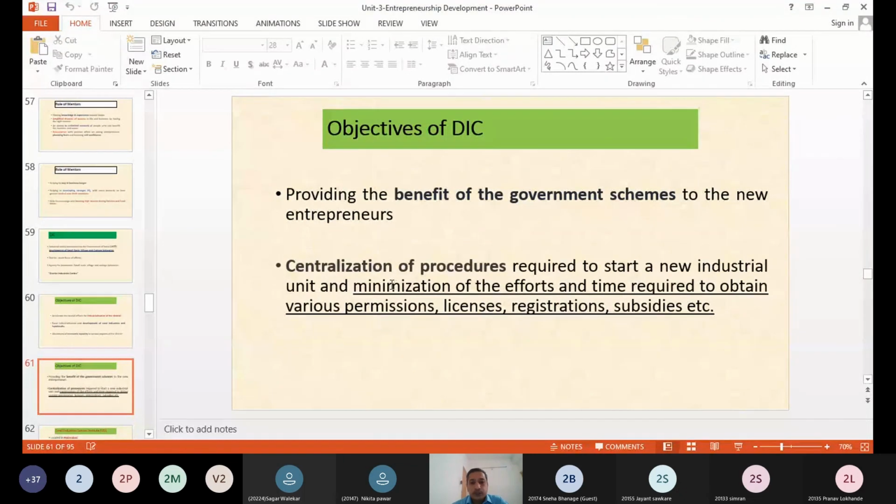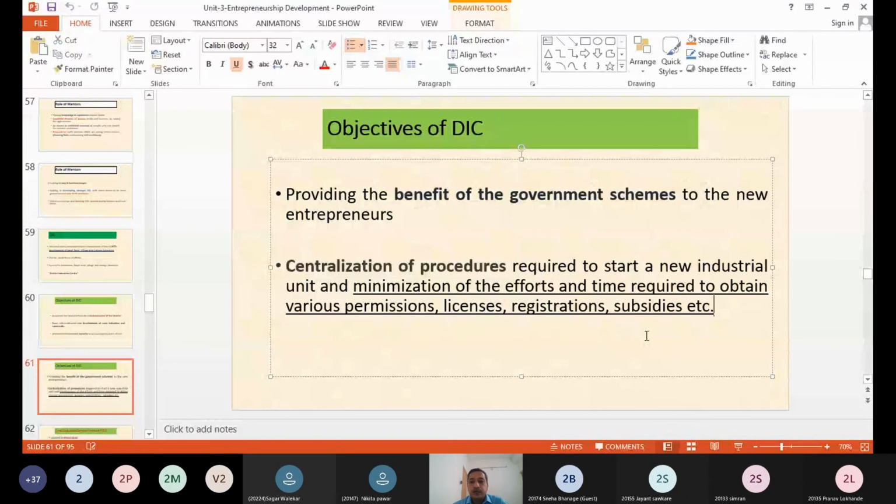Then centralization of procedures, which is required to start a new industrial unit. There are different procedures, and with DIC all these procedures are centralized, thereby minimizing the efforts and time required to obtain all these various promotions, licenses, registrations and subsidies, etc.